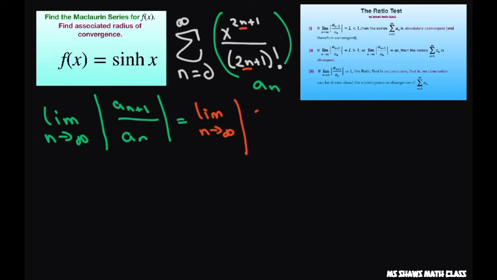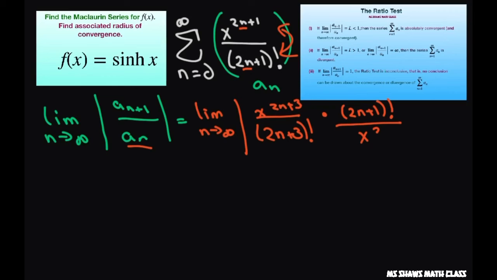So that's going to give you x to the power of 2n plus 3 divided by 2n plus 3 factorial. We're dividing by a sub n, so the same as multiplying by the reciprocal of this. So that's going to be 2n plus 1 factorial divided by x to the power of 2n plus 1.